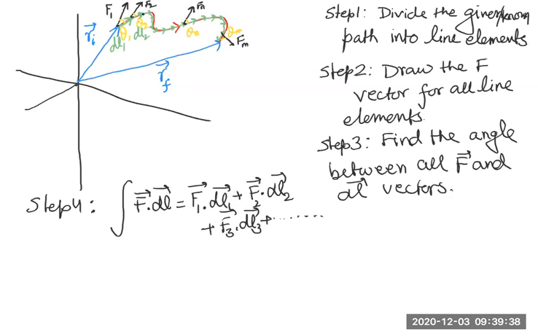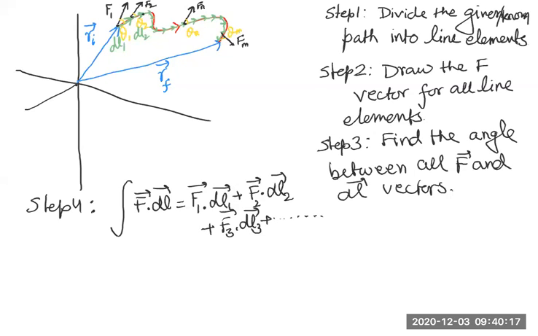So integration का sign, remember, is an elongated S. It represents the sum. In the case of normal integration, it represents the sum of something else. In this case, the line integral represents the sum of dot products. Okay? And the dot products are those which are between the force vector and the dl vector.